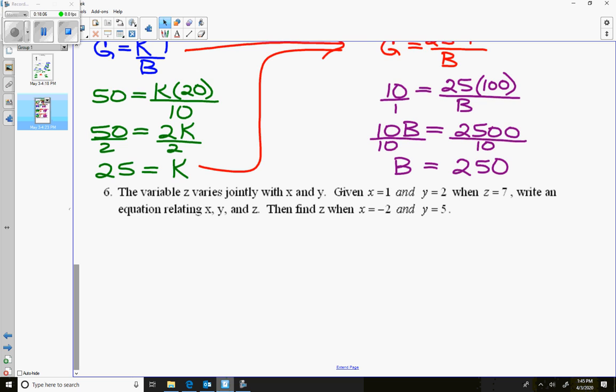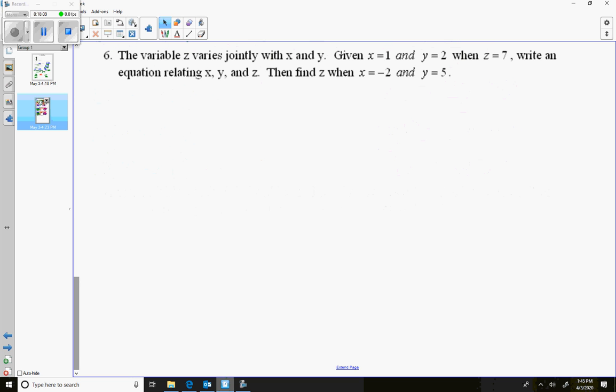All right. And then the last one. Personally, I prefer the word problems over these, but we have the variable z varies jointly with x and y. So z varies jointly, means multiple directlies, x and y. There's step one.